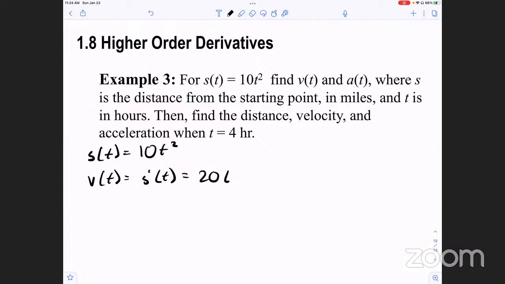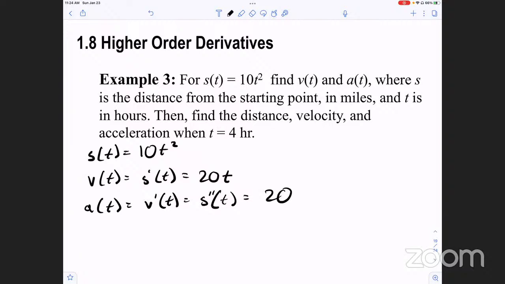And that becomes 20t, right? And then the acceleration function is going to be v prime, which is 20.